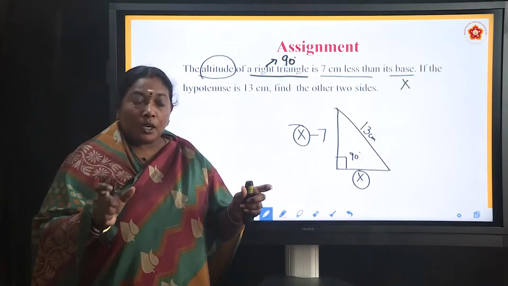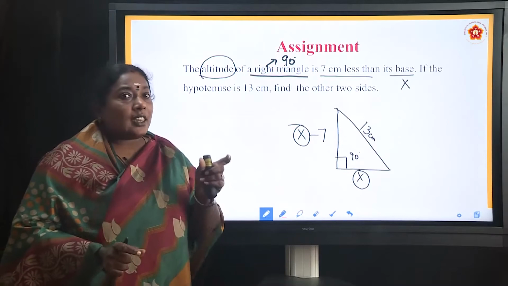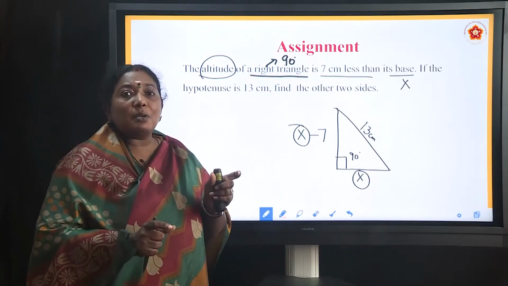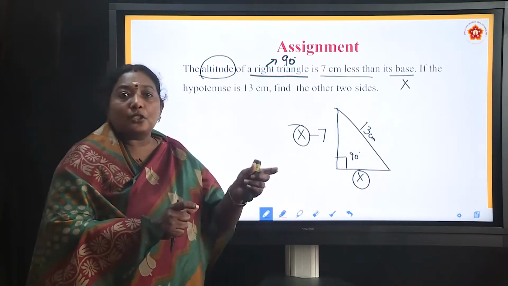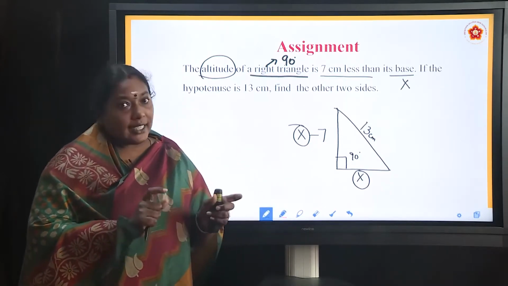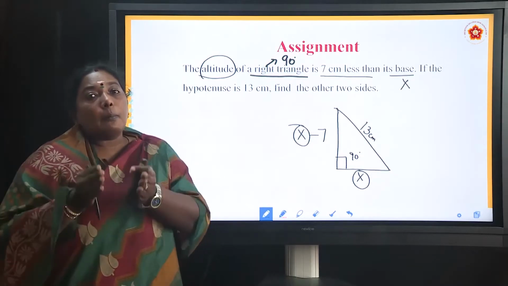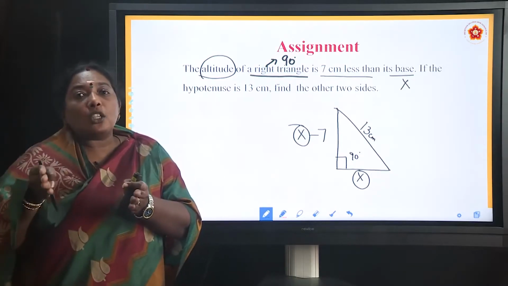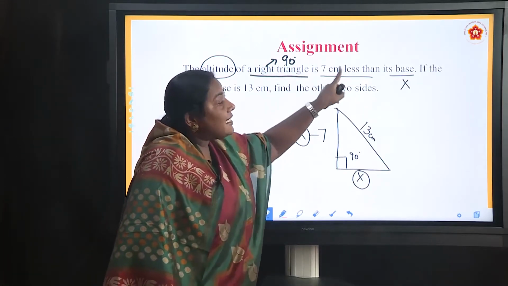Both sums will look alike, but in a linear equation there won't be any dependencies between the variables. Length means x, breadth means y, altitude means x and base means y, like that it will be. But in a quadratic equation, one value will be dependent on the other value, like this: the altitude is 7 less than its base.